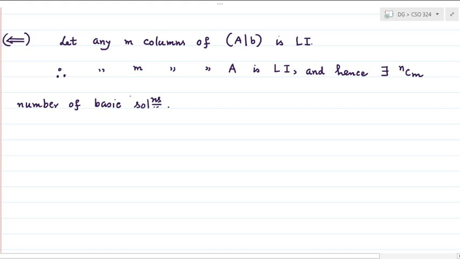Now let us prove that all of the basic solutions are non-degenerate. For that, let us consider the equation.